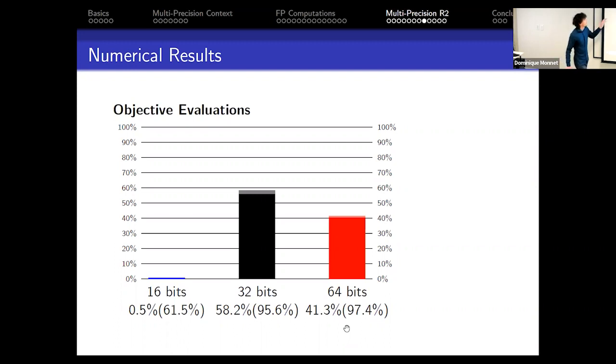This is the objective evaluation: the objective is evaluated about 0.5% of the time with float 16, about 60% of the time with float 32, and 40% of the time with float 64. That tells you I don't always have to evaluate my objective with maximum precision. I can switch between, and that saves me time and energy.